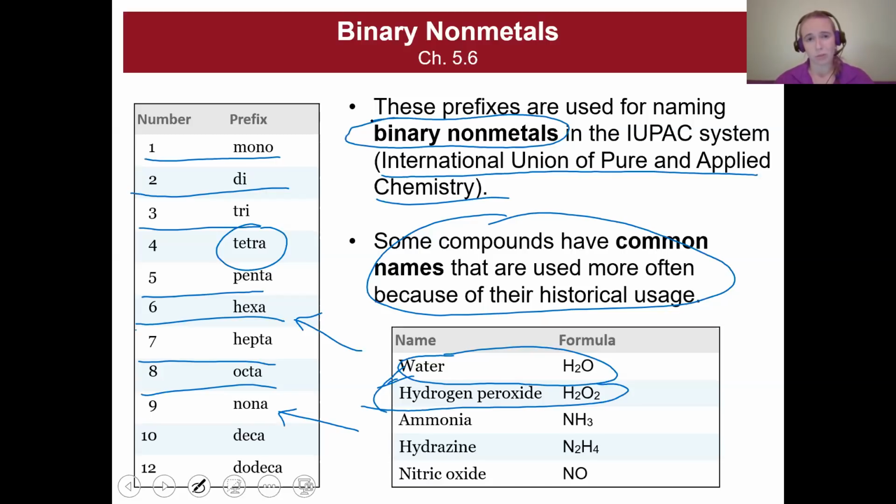So people use them all over. And since we've been using them for so many years and in so many places and in so many applications, the new naming system never really caught on for these. So water, hydrogen peroxide, ammonia, these are 3 of the more common ones. And then hydrazine and nitric oxide, not as common, but the new naming system never caught on for these compounds and some other hydrogen compounds that are written in your textbook.